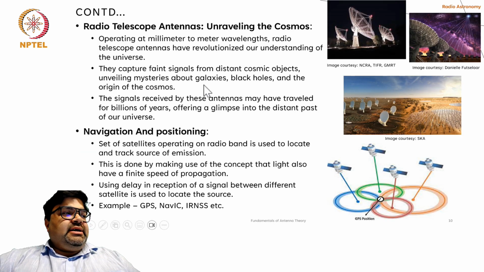So now we come to the main application of radio antennas in telescopes. Radio antennas have been in use from millimeter wavelength down to meter wavelength in radio telescopes for ages.